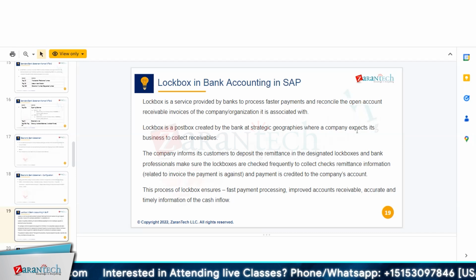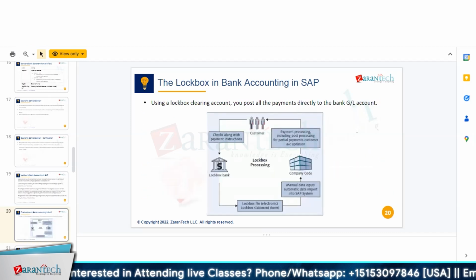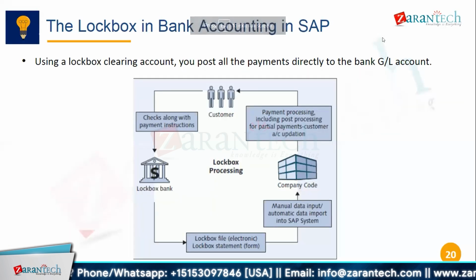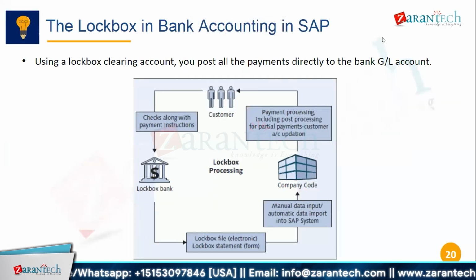So it works faster. It also cuts down the amount of time the company has to spend writing up the checks. They can just wait for the bank to send them a statement saying these are the checks that came in. So the company will send an invoice to the customer.